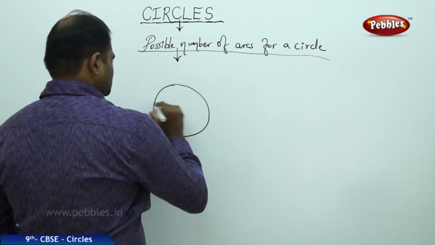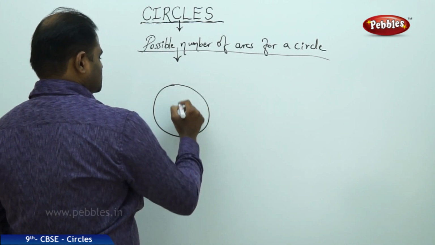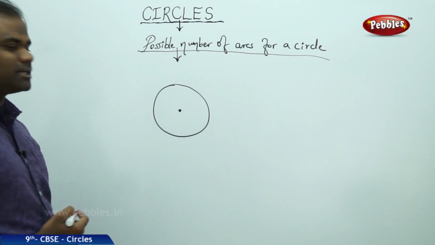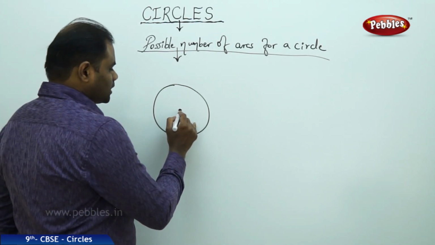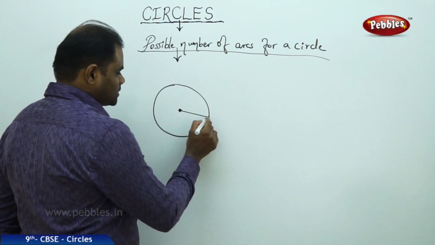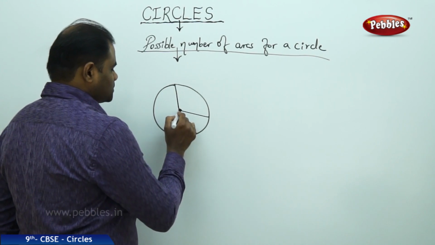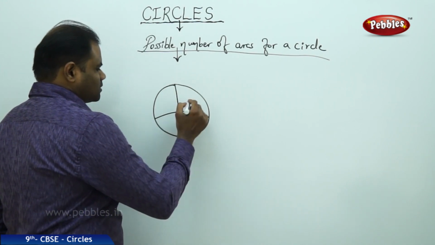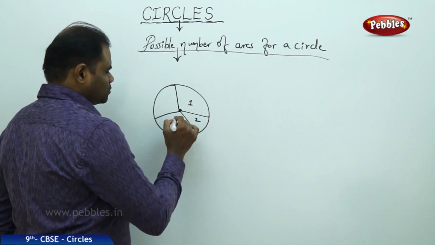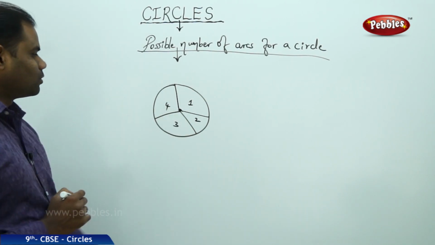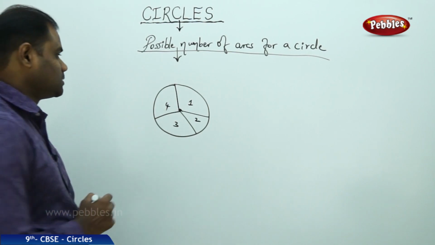Imagine I have a circle out here with its center. Now let me take a pizza cut in different shapes. Say I cut this out here, and I cut a bigger piece out here, and I cut totally 1, 2, 3, 4. So I have totally 4 pieces cut from the pizza.